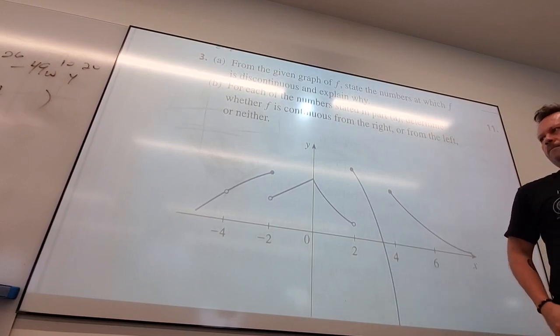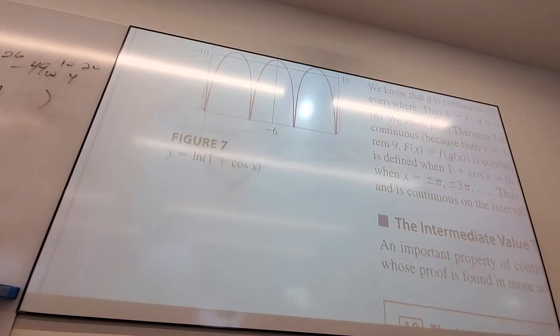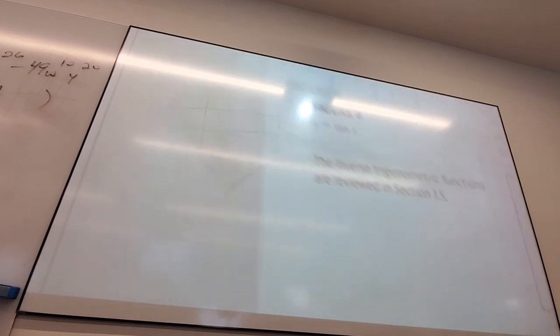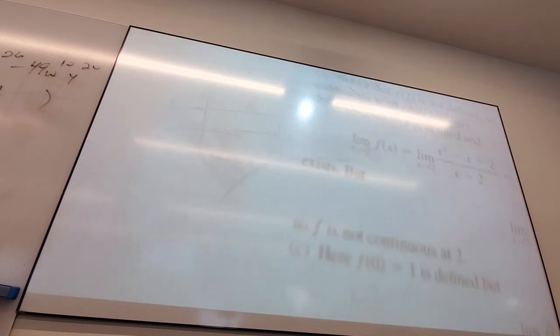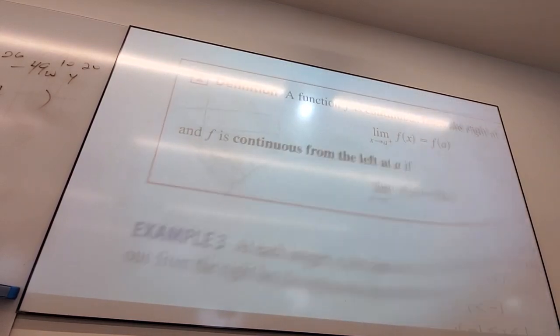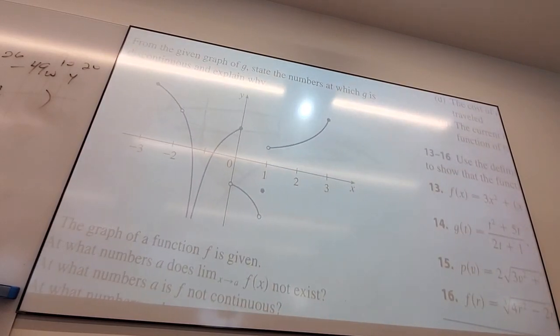One definition I kind of skipped over is what does it take to be continuous from the right, continuous from the left? And I think they defined that, here we go. It kind of makes sense. I should have just asked you this. It was number 3, okay.